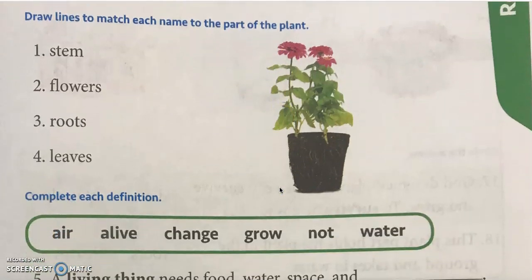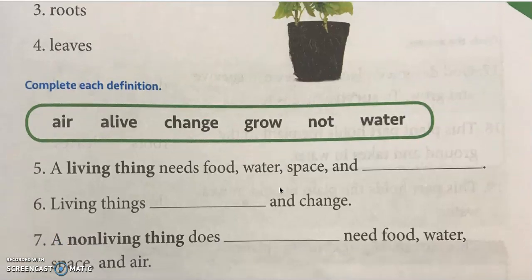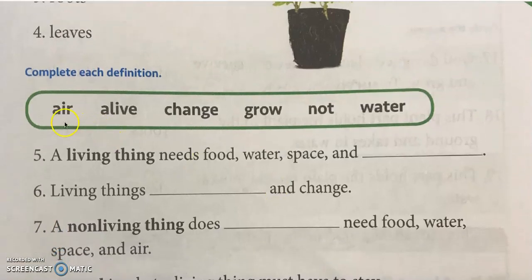Okay. Now we are going to complete each definition. Let's read the words together. Repeat after me. Air, alive, change, grow, not, water. Okay. Number 5. A living thing needs food, water, space, and air.